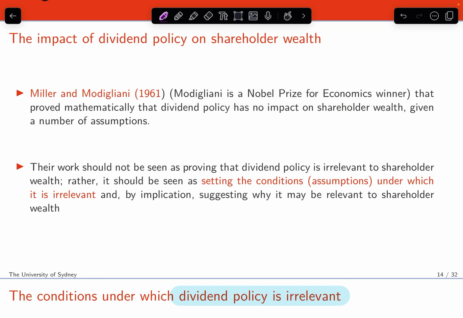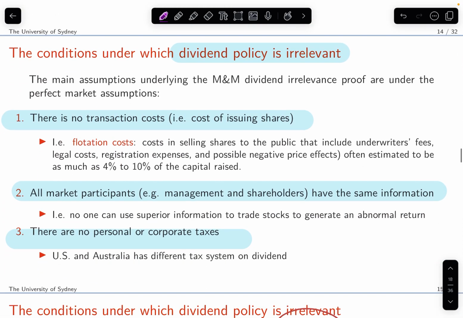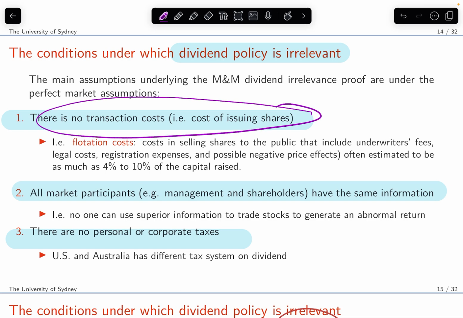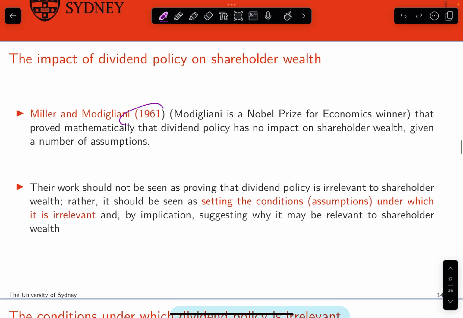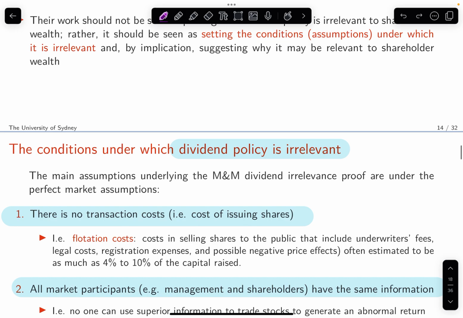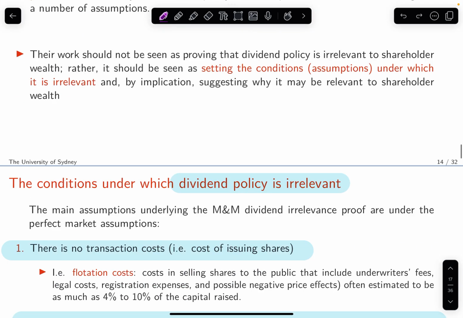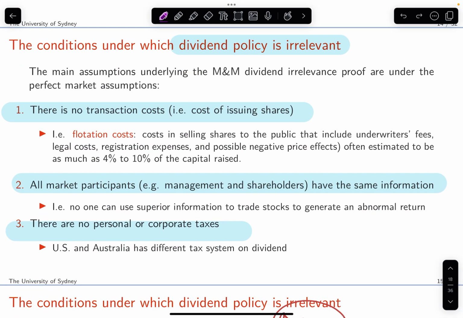However, here in M&M, we are going into a different hypothetical situation where dividend policy could actually be irrelevant. Now, what are the different assumptions? The first assumption is that there is no transaction cost involved in issuing new shares, and there are no transaction costs in buying and selling. Once again, when Miller and Modigliani came around in 1961, the costs of issuing shares and transactions were very significantly high.